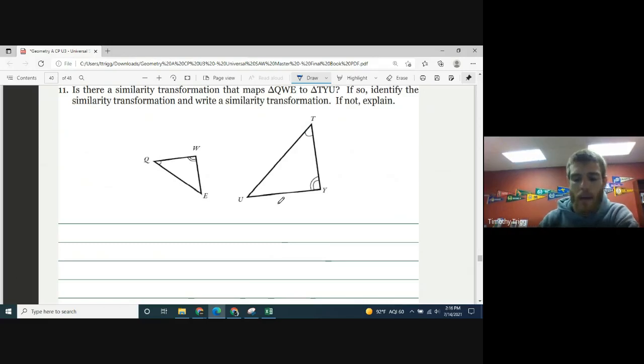Hopefully you remember that. We talked about some of the triangle similarity postulates or theorems. If two angles from one triangle match two angles from another triangle, then we could say for sure that these two triangles are similar by angle-angle similarity. Hopefully that sounds familiar.